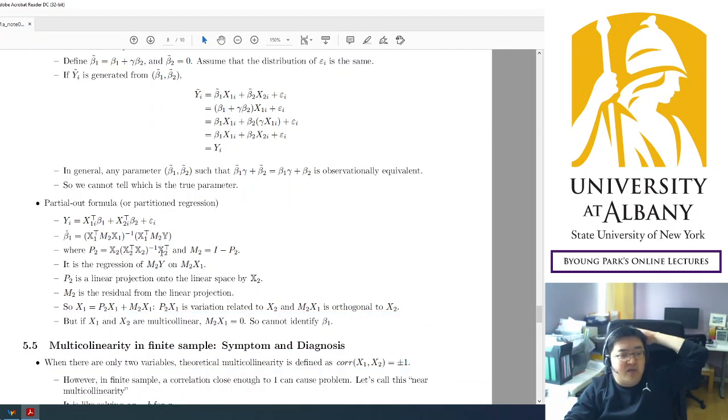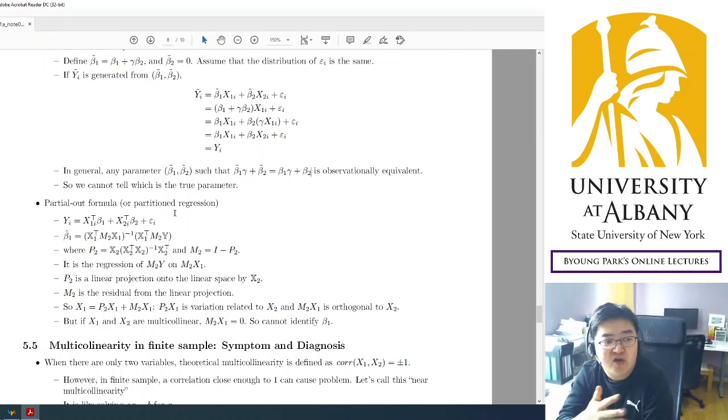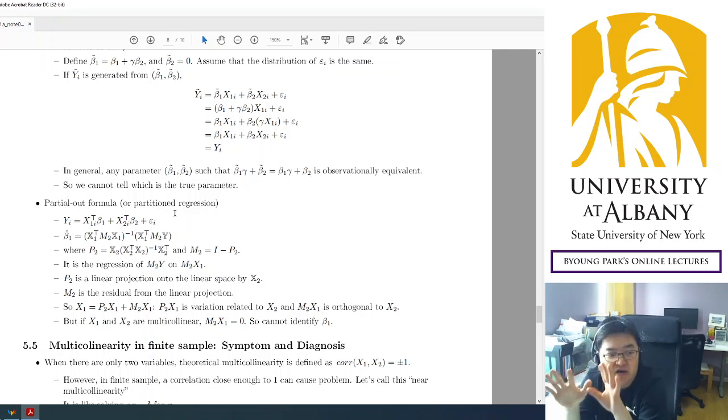And then let's think about the partition regression, or partialling out formula. It's a review; I believe you have learned this partition regression formula in econometrics 1. It is also related to this case because partialling out is about controlled variation. Suppose that we are interested only in beta 1.